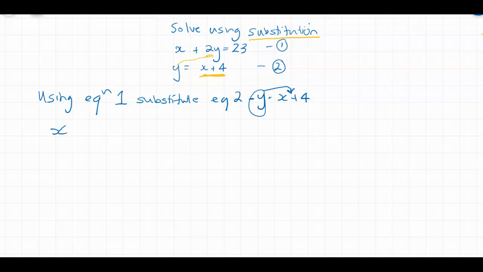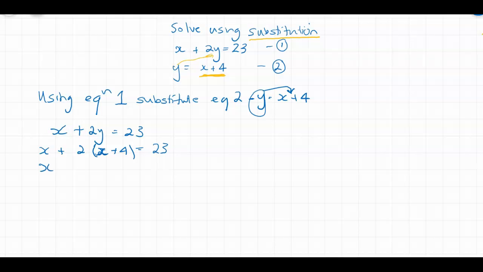So let's write out the equation to start with: x plus 2y is equal to 23. Now, x is x plus 2 lots of, and instead of writing y, I'm going to write x plus 4. So I have 2 lots of x plus 4, and that's still equal to 23.